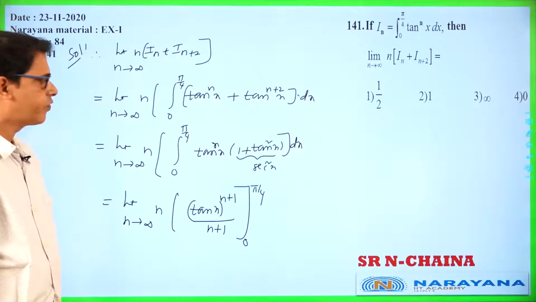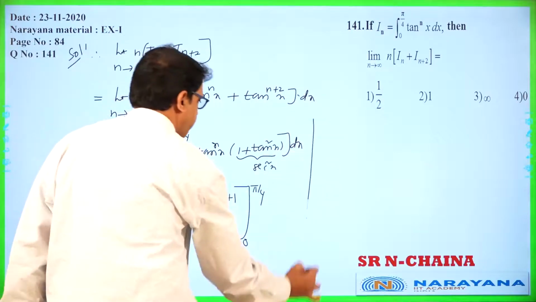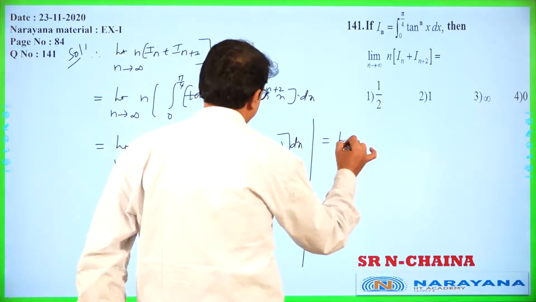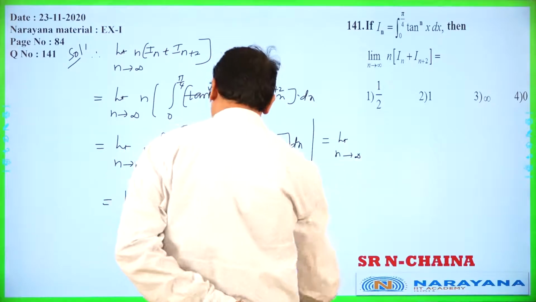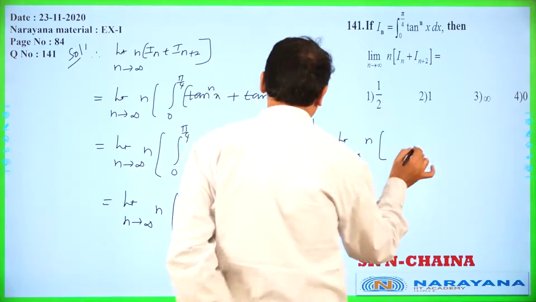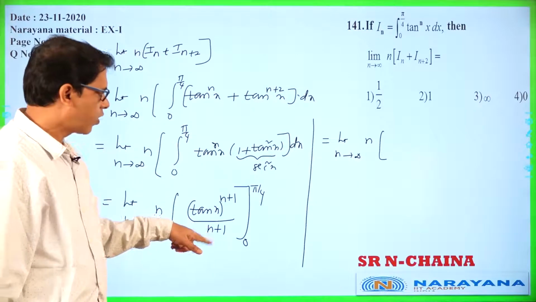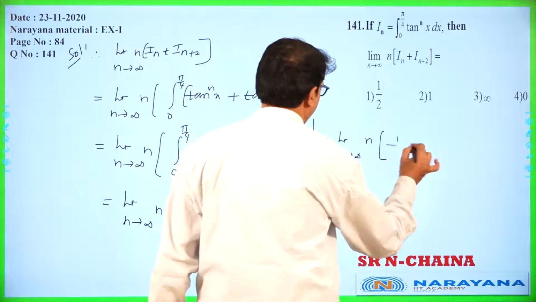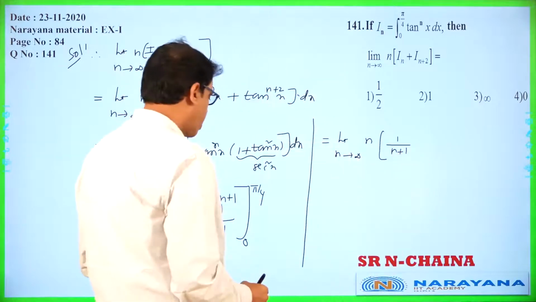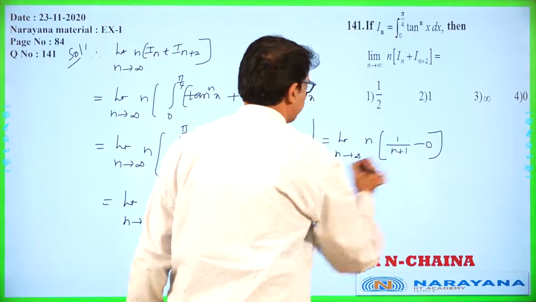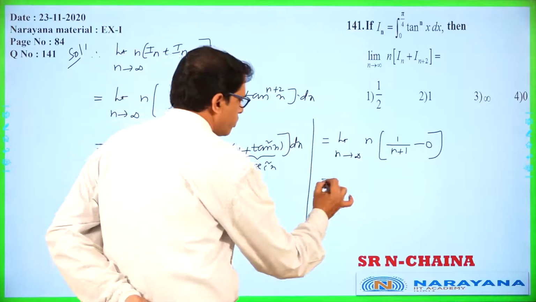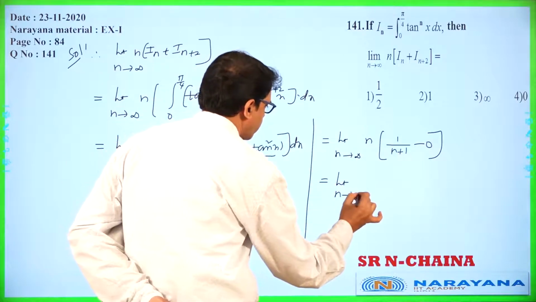That equals the limit as n tends to infinity, n into, if you apply the upper limit, tan pi by 4 value 1, so 1 by n plus 1. Lower limit value will be 0.